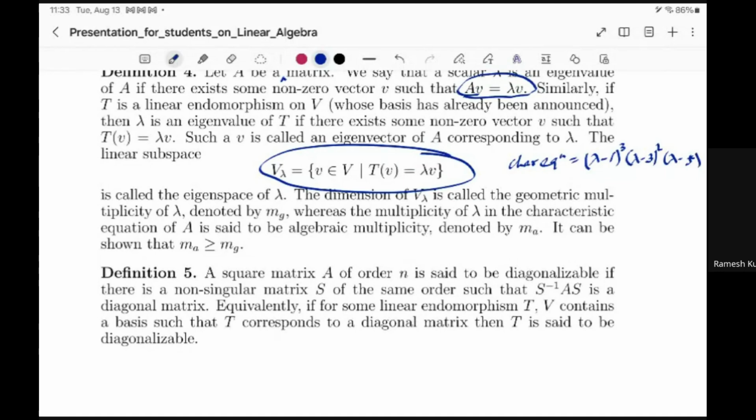And this multiplicity, we will call the algebraic multiplicity corresponding to lambda. Okay, and there's also a concept of geometric multiplicity.